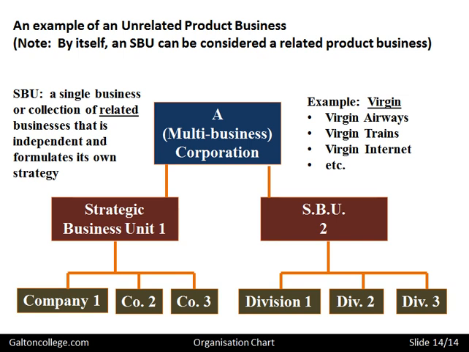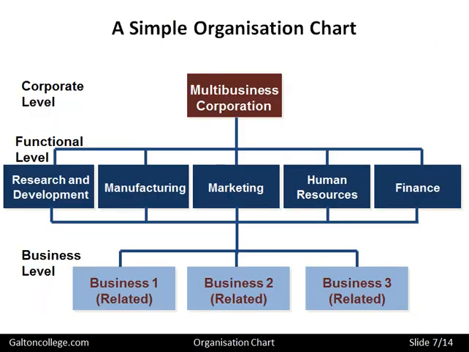So this gives us an idea of organizational charts and how at the top level corporations can be structured. The corporation down to, in this case, the strategic business unit down to the business. Or the examples we had earlier, for example, the multi-business corporation going straight to the functional level down to the businesses.